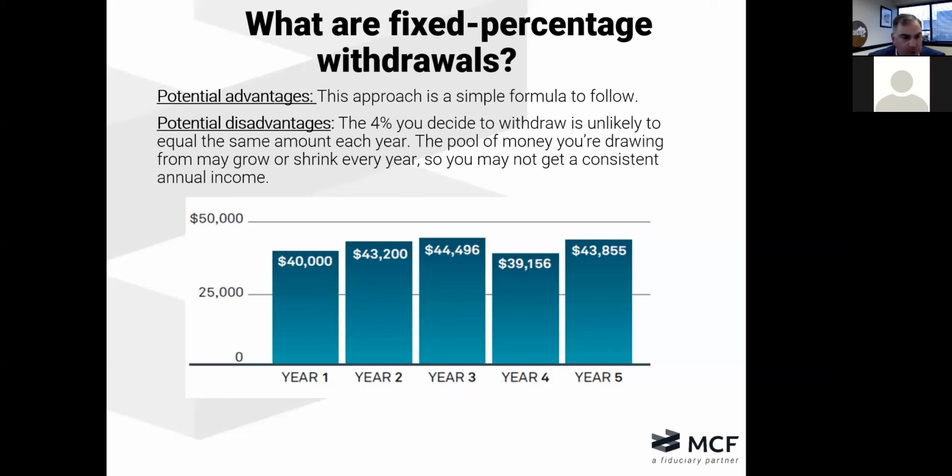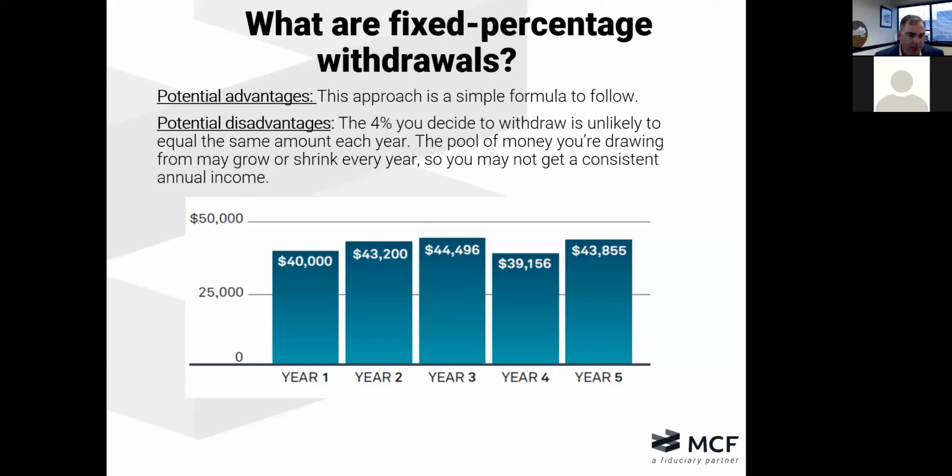But on the other hand, if your percentage is too high, you risk depleting those funds prematurely. An example of this on the screen, let's say you have a portfolio of $1 million and you decide to take out, going back to that 4% every year. You might choose to do 5, but let's just say it's 4%. Well, that gives you $40,000 for that year.